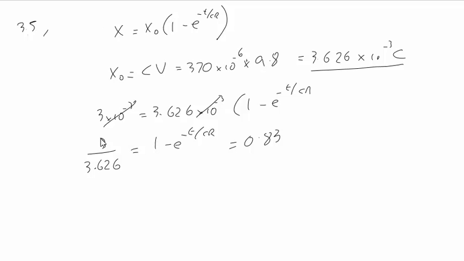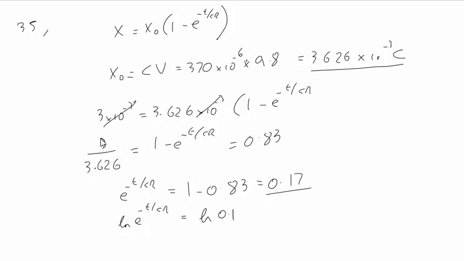Therefore, e to the minus t over CR is equal to, taking this across to the other side, 1 minus 0.83, which is 0.17. So then the natural log of e to the minus t over CR will equal the natural log of 0.17.